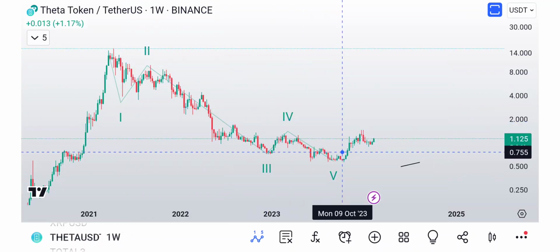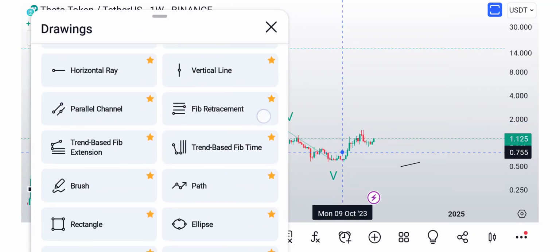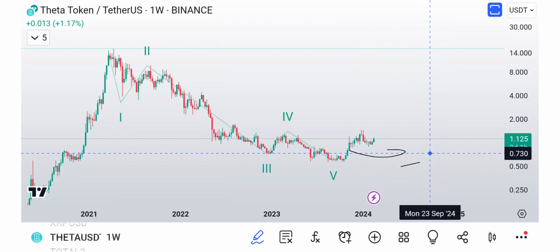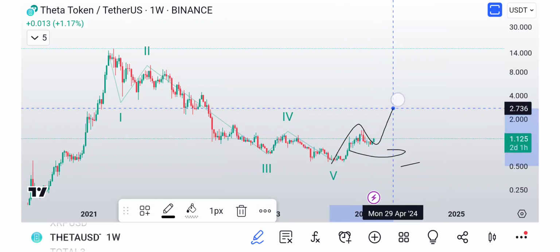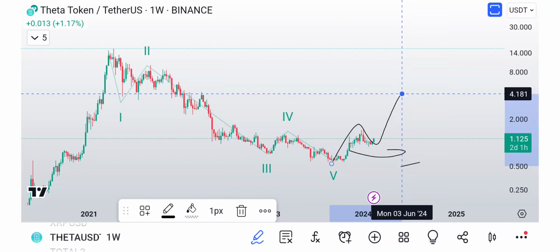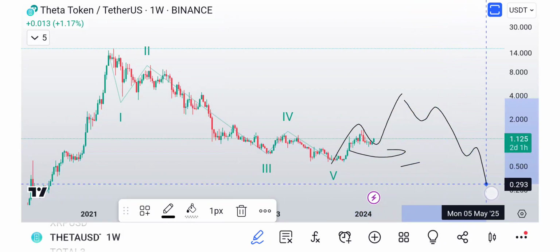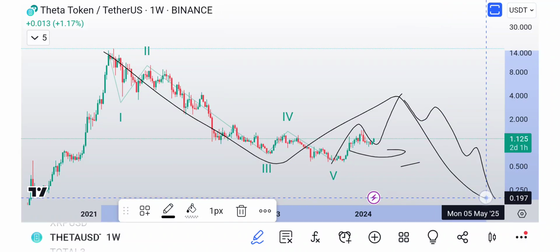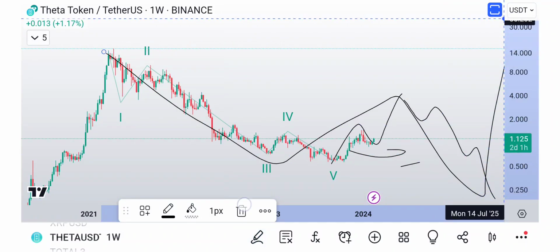So we have a 5-wave move. So at the very least, right, you want to see an A, B, C, something like that, before another 5 down, which would then just be a big A, B, C, and then that would start the new bull run, right?